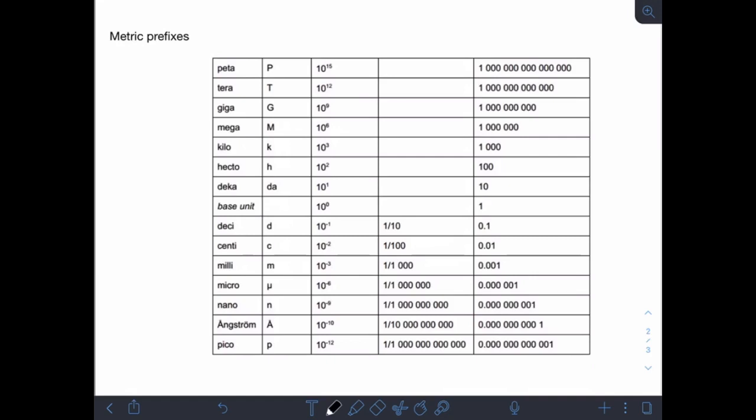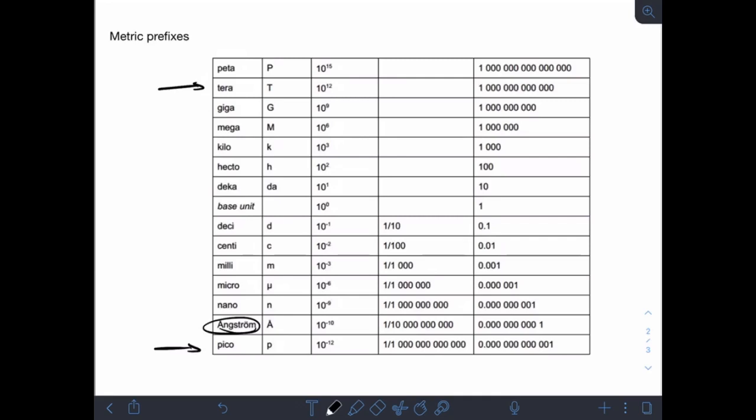If we were in person, I would tell you that you need to have memorized from tera to pico. Now, angstroms would not normally be on this list, but I like this list. I found it on Google. But angstroms are a useful one because that's actually what we commonly use to measure the distances between atoms.